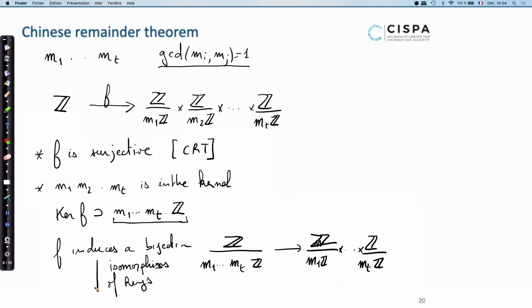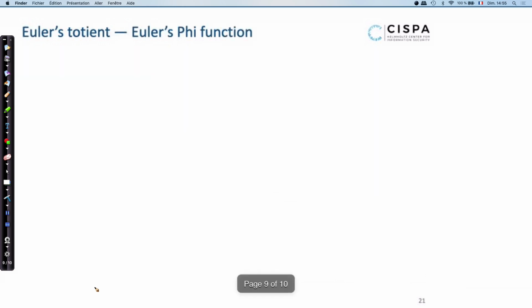And now we are going to use it to prove some other theorem, which is often known as the Euler totient or Euler phi function. So what is that? Take n, any natural integer, and consider Z over nZ. What we want to do now is count the number of elements which are invertible in Z over nZ.